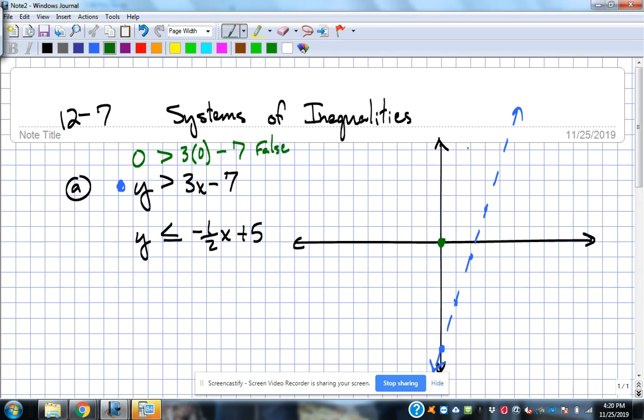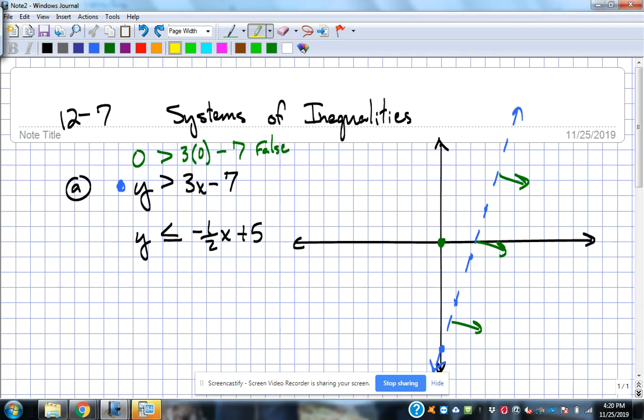Because that's false, I'm going to shade the other side of that line. The shading would go this direction. All of these points over here are solutions to that inequality. That would be the shading that happens.